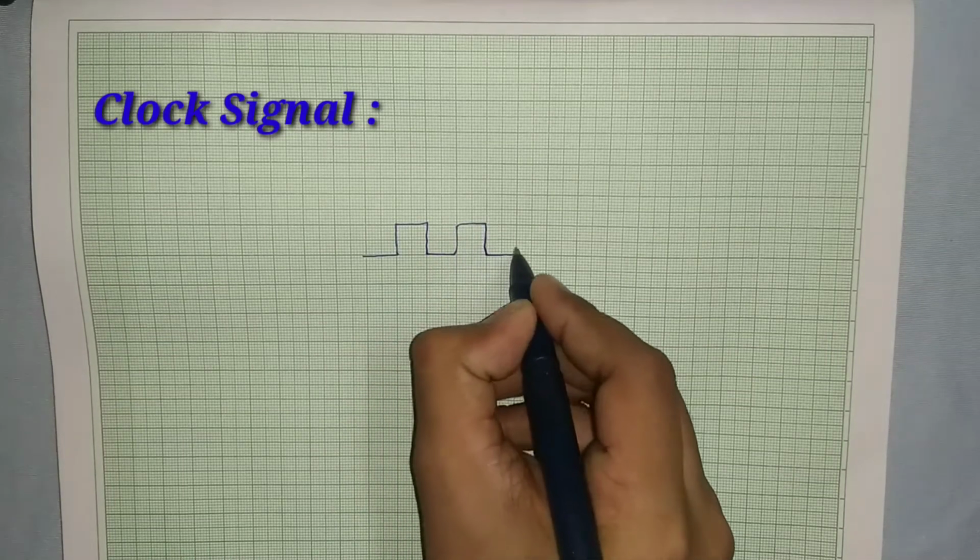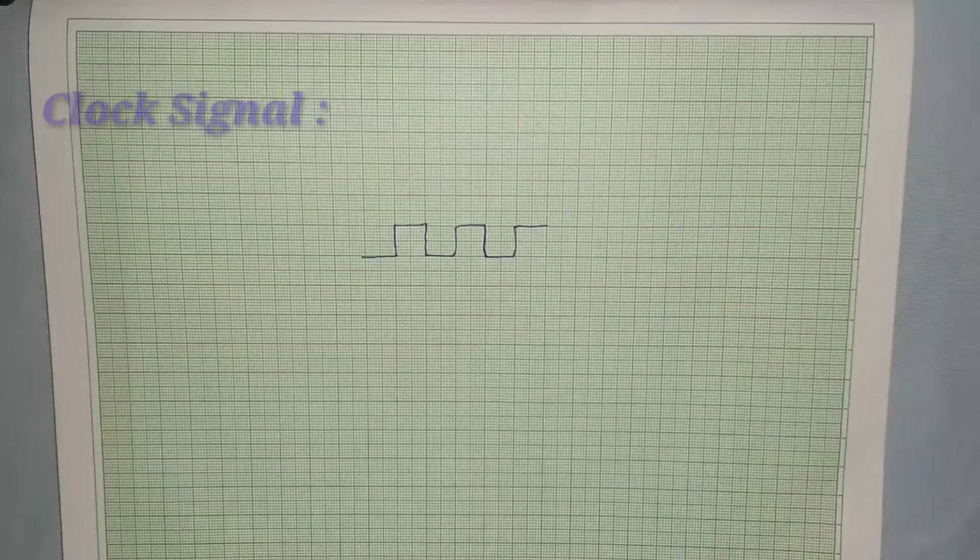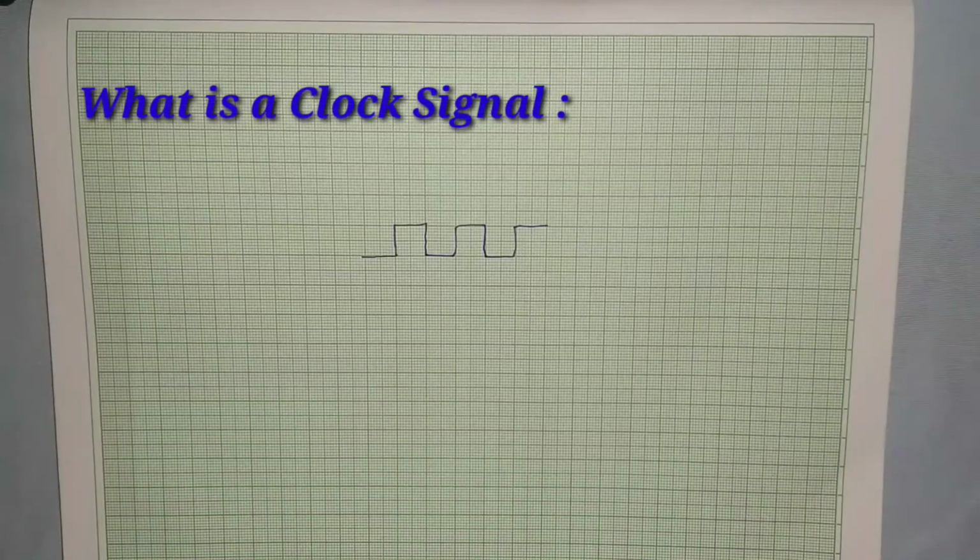So what is a clock signal? A clock signal is nothing but just a signal that tells all the digital circuits and electronics when to perform a certain operation like store data, add or subtract numbers and the rest of the things.